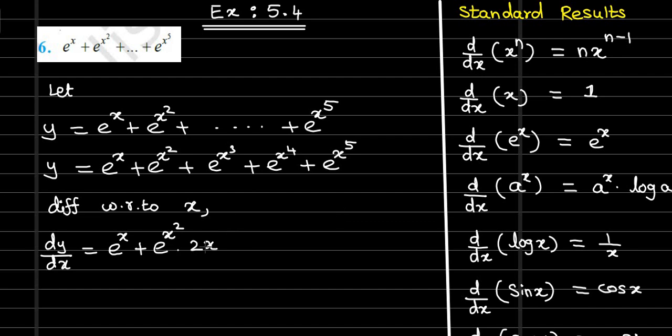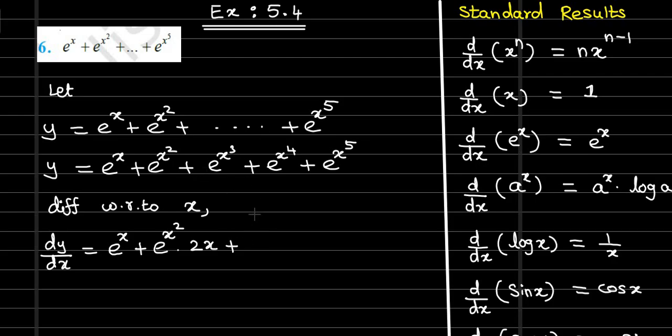Here the next term is e power x cube. So e power x cube is also not in the standard form. So we need to apply the chain rule. First we need to differentiate the exponential function, then differentiate the x cube function, and after differentiating every function we need to write it in the product form. So what is the differentiation of e power x cube?